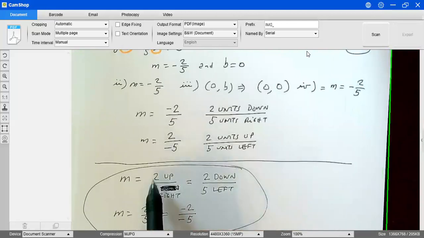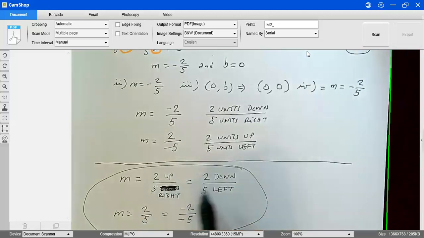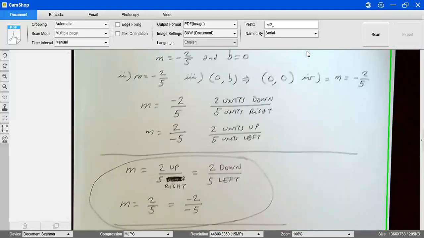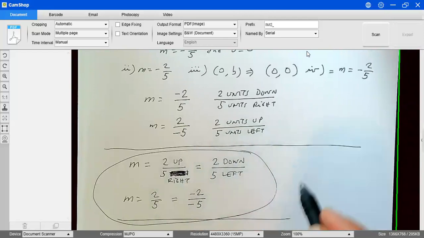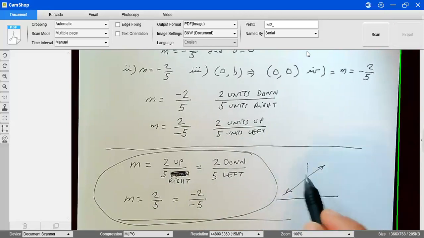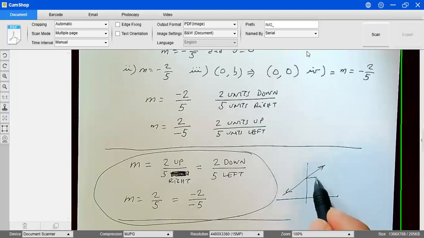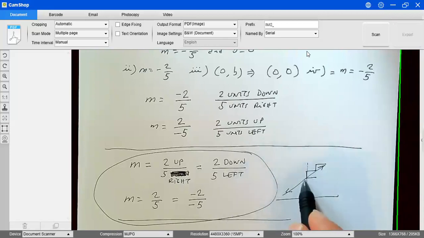Now when both are positive, 2 up and 5 right can become 2 down and 5 left, and you get the same result. So you get a positive slope. You go up and right, and this is the same as going down and left.